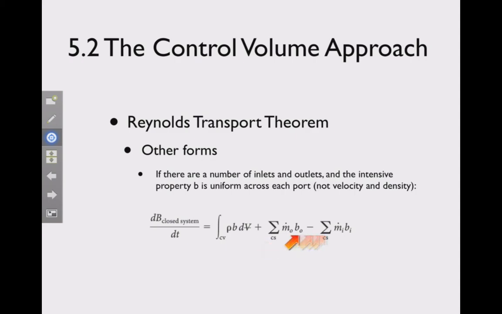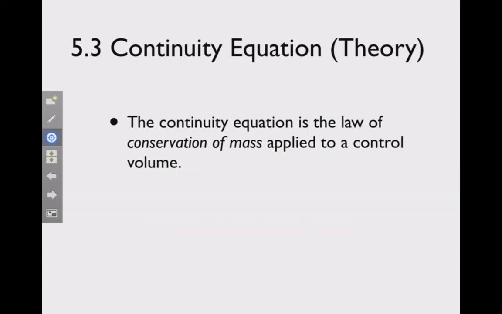If we have that, then we can just write the sum of the outlets minus the sum of the inlets. So we can have quite a complicated system with many outlets and many inlets. And as long as we knew that the flow of our property B was uniform across those inlets and outlets, we'd be able to simplify this equation. So that is the Reynolds transport theorem.